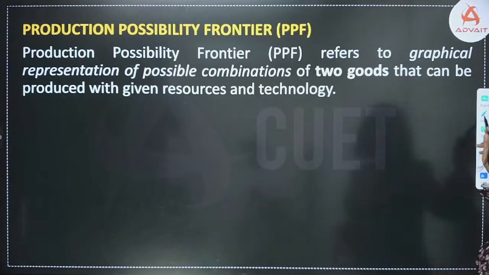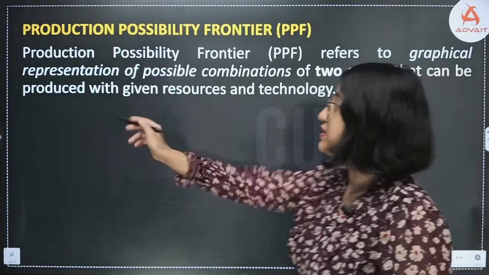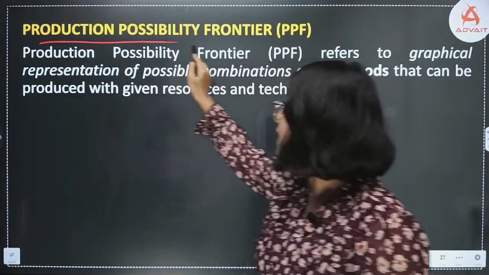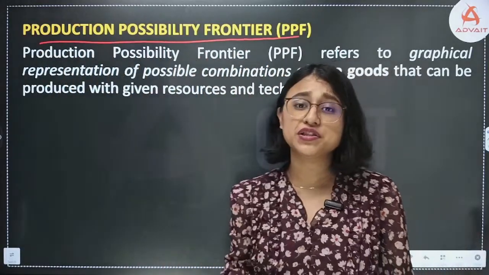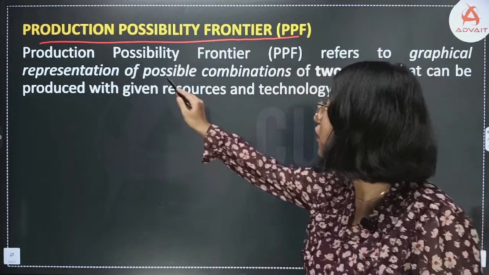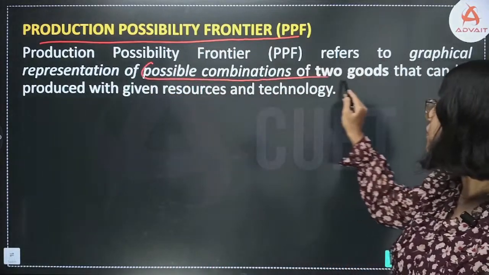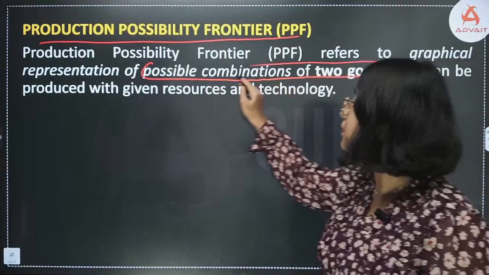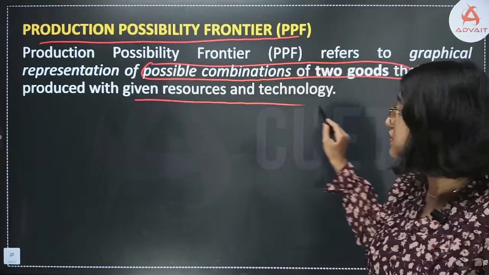In the next slide, we will understand the concept of the production possibility frontier. So what is the production possibility frontier? It is a graphical representation of possible combinations of two goods that can be produced given the resources and technology.